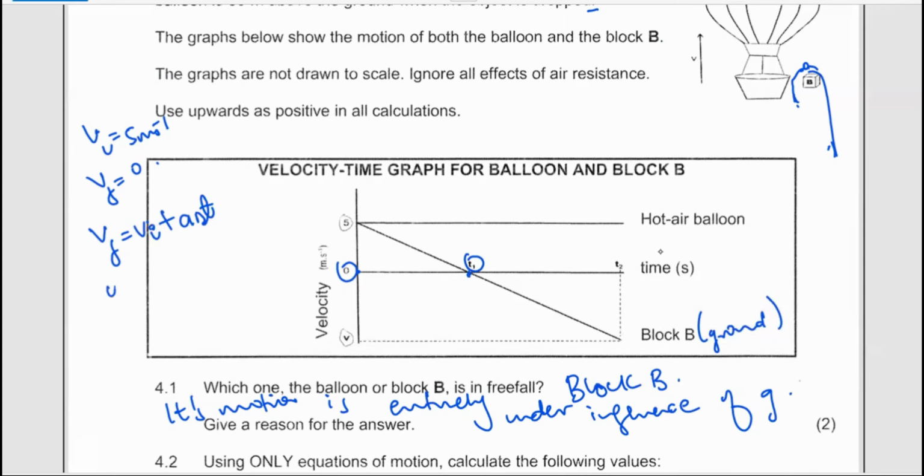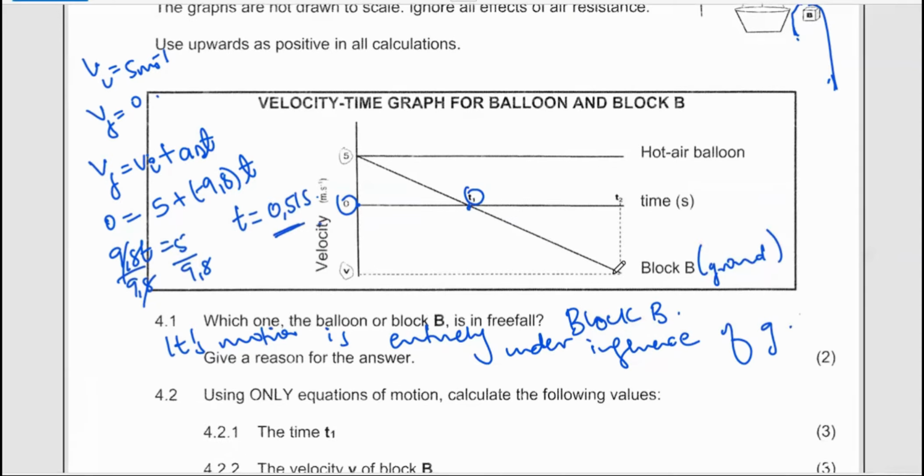Our V final is 0, our V initial is 5, and since it's moving upwards, plus negative 9,8 multiplied by T. Then you transpose, meaning 9,8 T equals 5, then divide both sides by 9,8, and our T becomes 0,51 seconds.